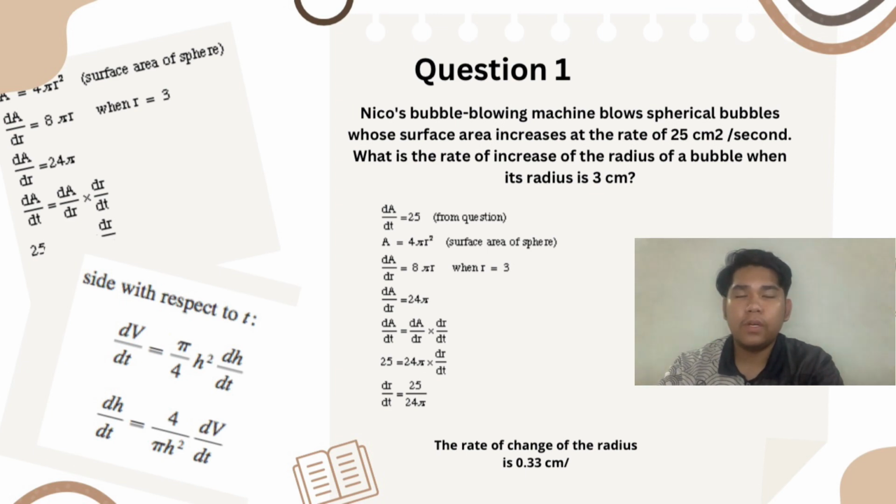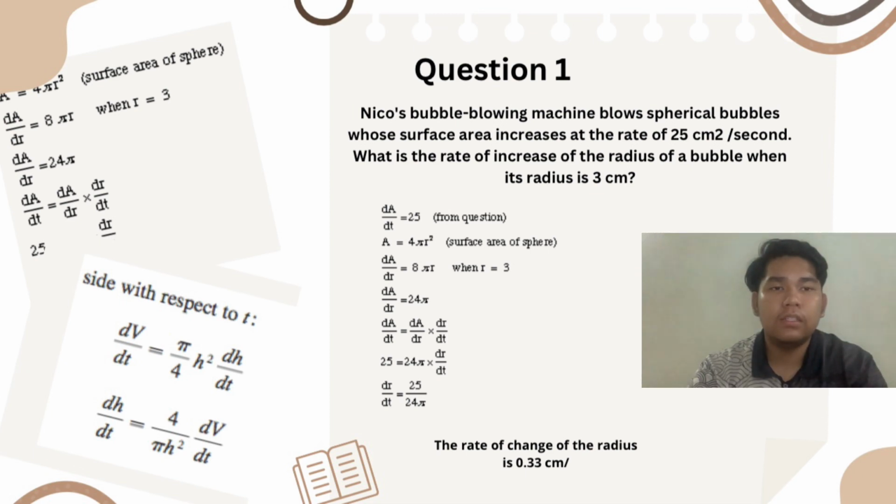We just rearrange it, putting dr/dt in front and 25 on that side. So dr/dt equals 25 over 24 pi. The final answer: the rate of change of the radius is 0.33 cm per second.